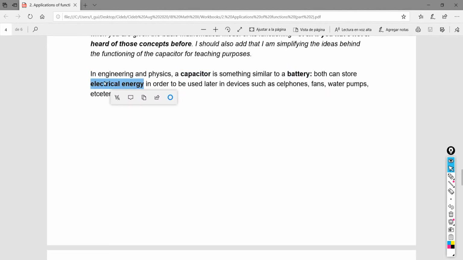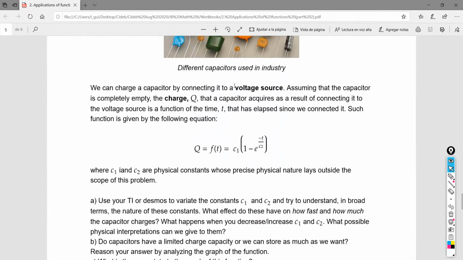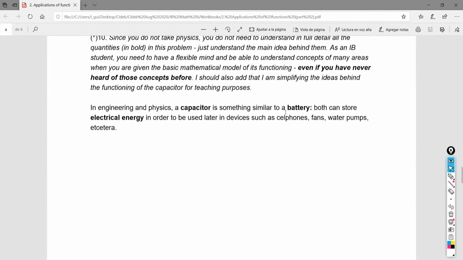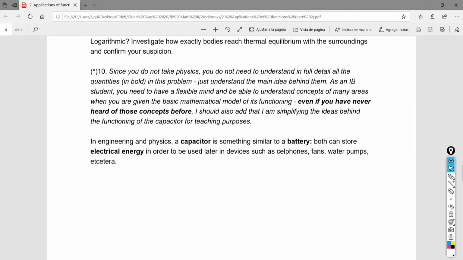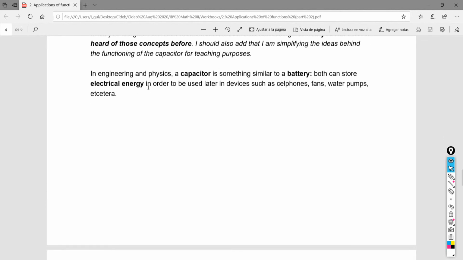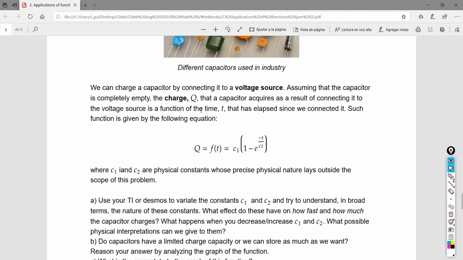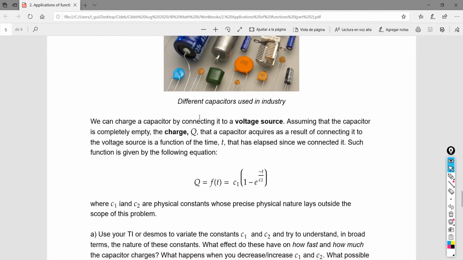Electrical energy has a precise definition, which you also don't know, presumably. Voltage source, charge, all these things. When you are given a problem about a field of knowledge which you know nothing about, you have to be flexible, in the sense that if the author of the problem is explaining in a simple enough way how such a concept or theory works, you need to be able to understand.